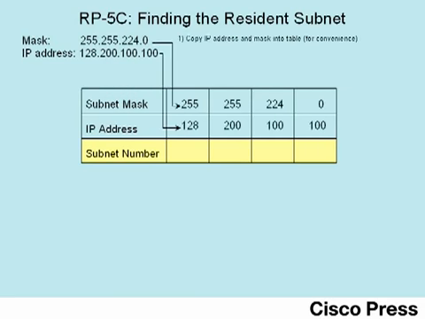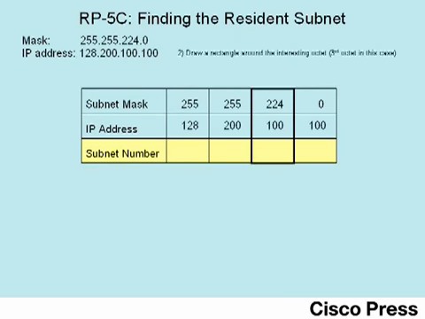Now here at step 1, we simply copy the mask and IP address into the table. Then at step 2, we draw a rectangle around the interesting octet. Now the interesting octet is identified by the subnet mask octet whose value is not a 255 nor a 0. In this case, it's the third octet with mask value 224. Next, at step 3, we'll identify the values in the three uninteresting octets.